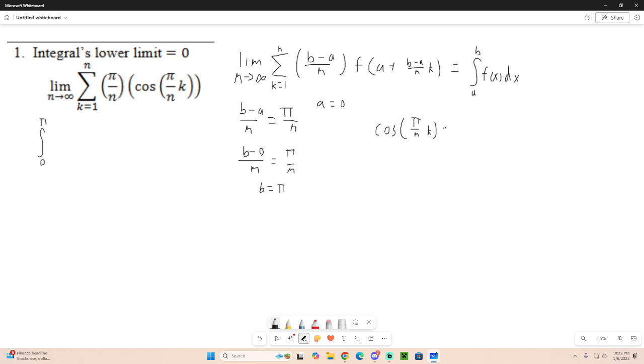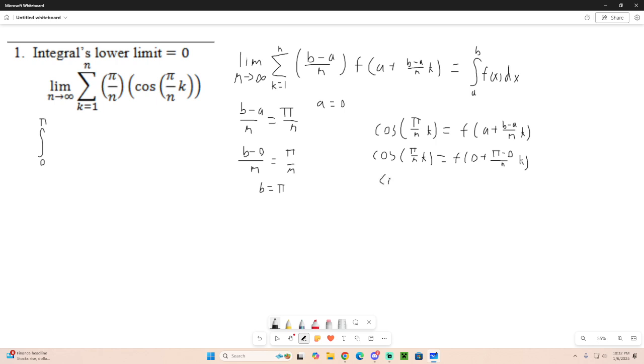Equals f of a plus b minus a over n times k. Alright, and then we know what our b value is, we know what our a value is. We already solved for those, so I'm just going to write those out. So cosine of pi over n times k equals f of a is 0, so 0, plus b is pi minus 0, over n times k is equal to that.